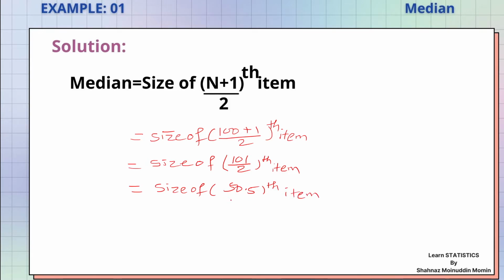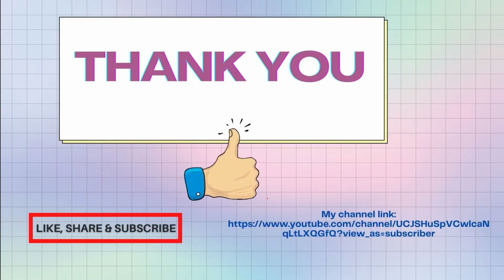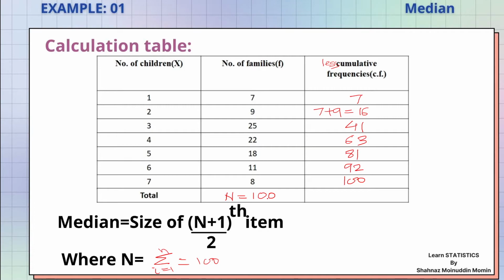Now search for the number in the less than cumulative frequency column which is just greater than 50.5. Let us see. The number which is greater than 50.5 is 63, just greater.